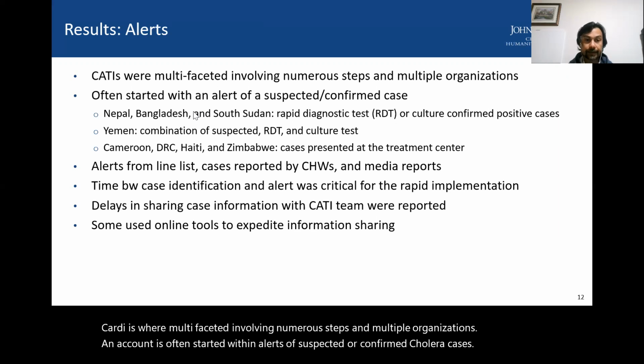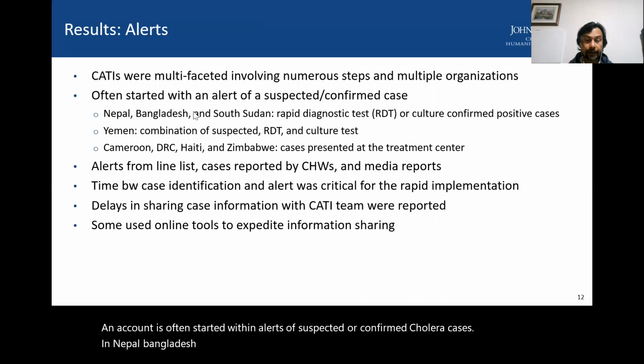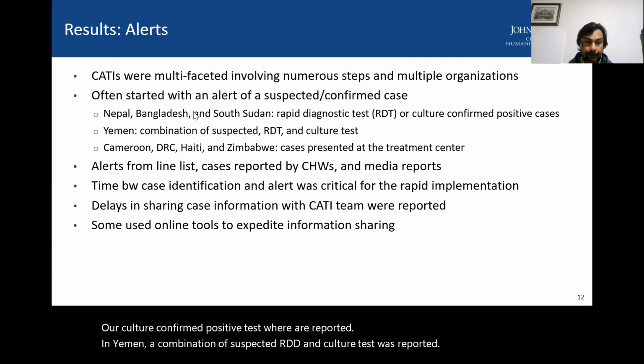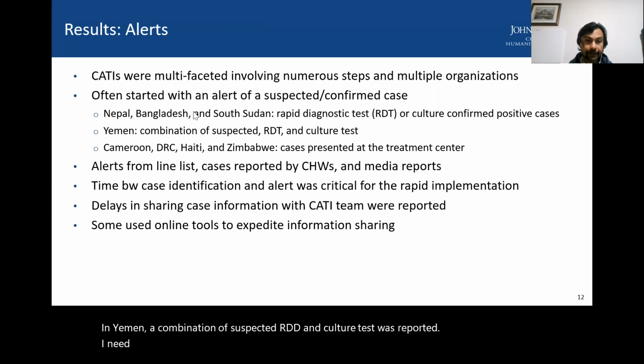In Nepal, Bangladesh, South Sudan, rapid diagnostic test or RDT or culture confirmed positive test were reported. In Yemen, a combination of suspected RDT and culture test was reported. And in Cameroon, DRC, Haiti, and Zimbabwe, alert was generated when a case was presented at the treatment facility.